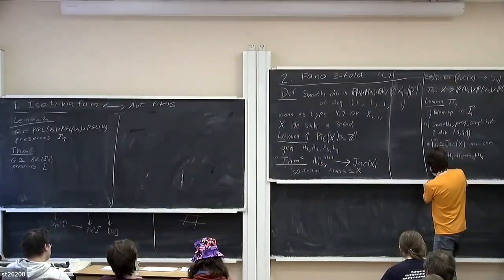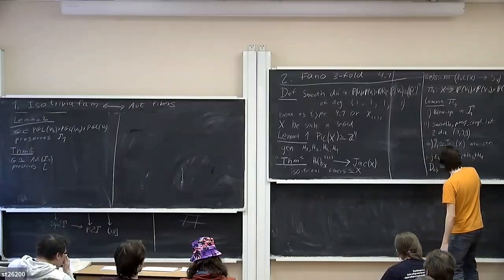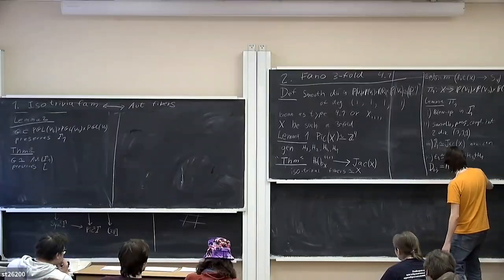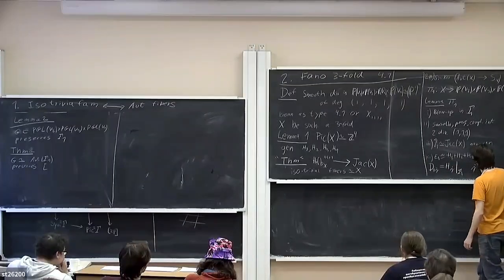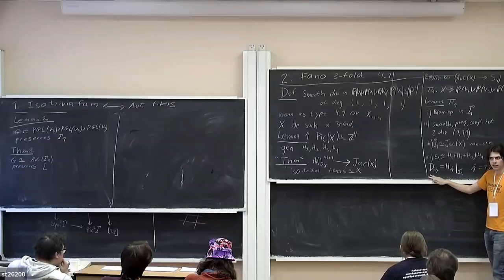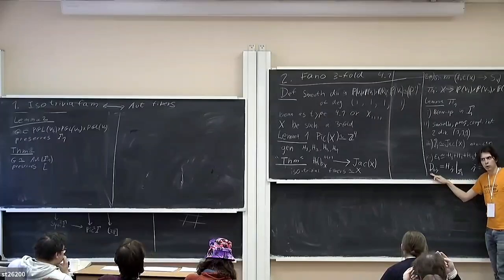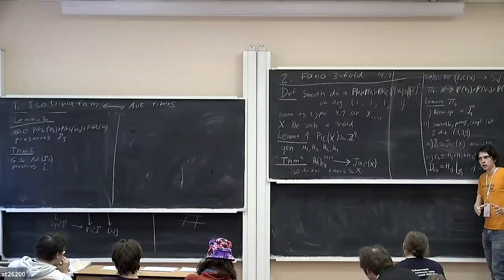We have divisor classes D1j, which is the restriction of the divisor class Hj to the curve gamma 1, for j equals 1, 2, 3. So these are some degree 2 divisor classes on gamma 1, which are important because they uniquely determine the embedding of gamma 1 into P1 cubed.